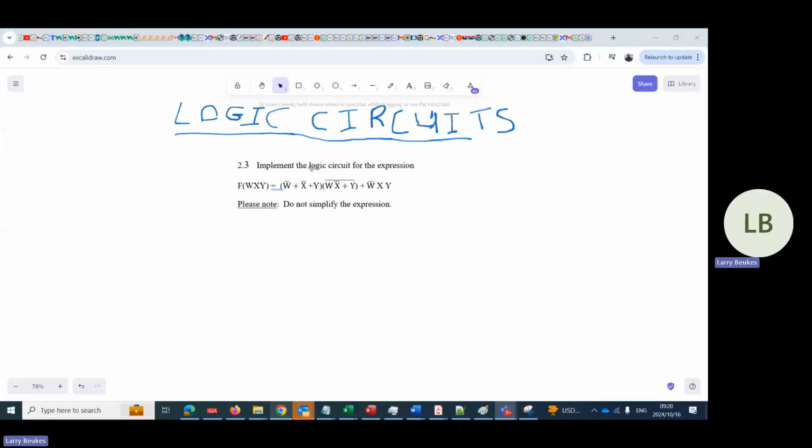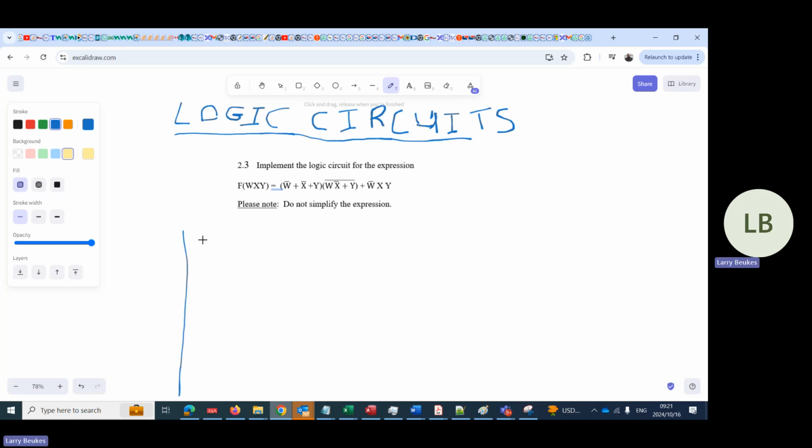Sorry about that. So here you can see you have the variables W, X, Y, and F equals to... so now we know we have 3 variables. This is going to be our input, right? So what we do is just draw some connectors.